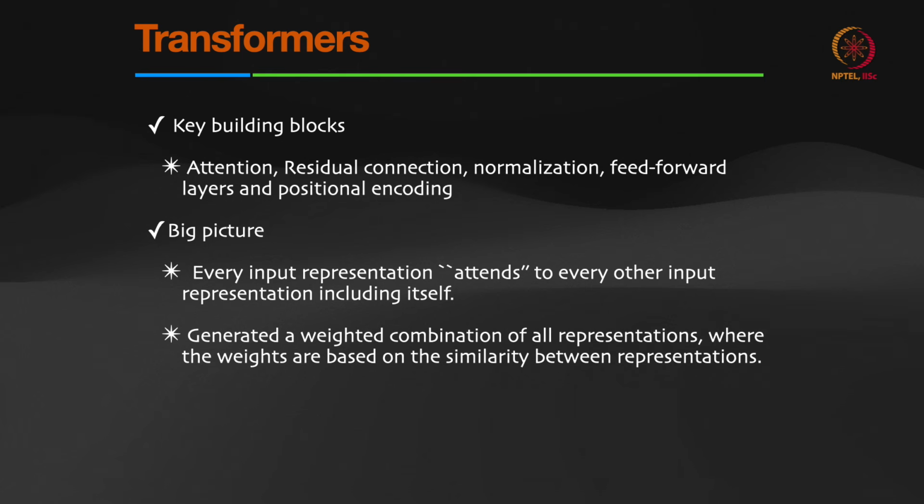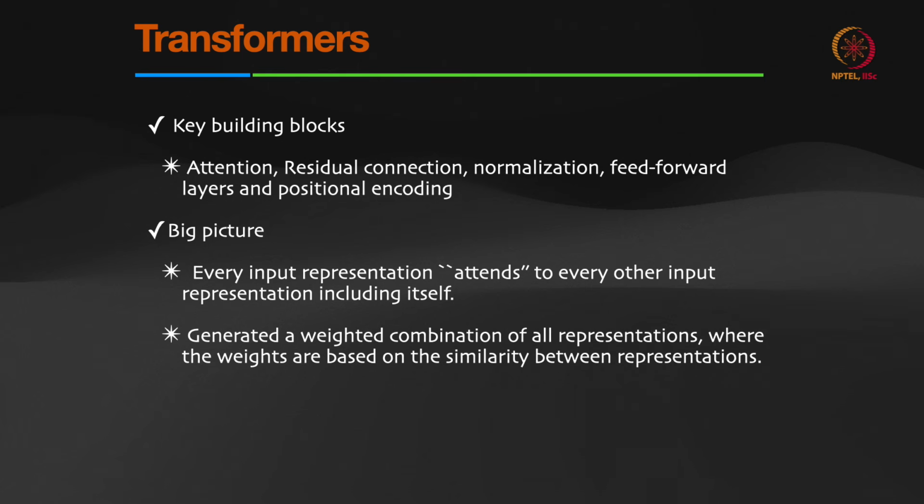The other aspect is to have these representations evolve into subsequent layers. They are going to be dependent on the similarity, the dot product, which we will talk about, between a representation and its other temporal neighbors.